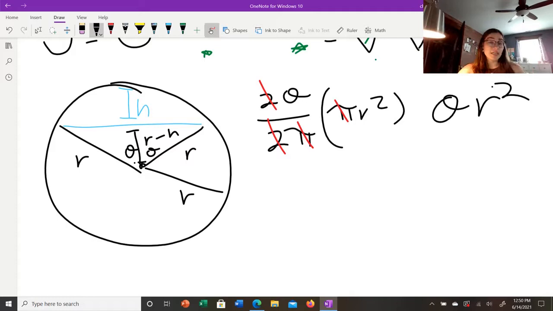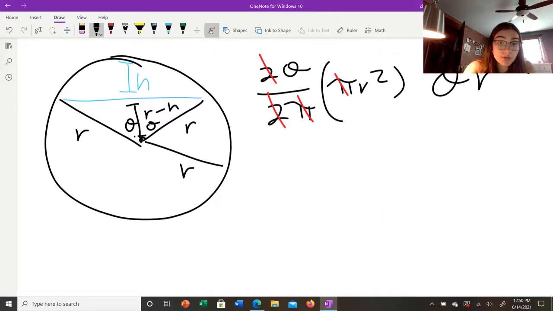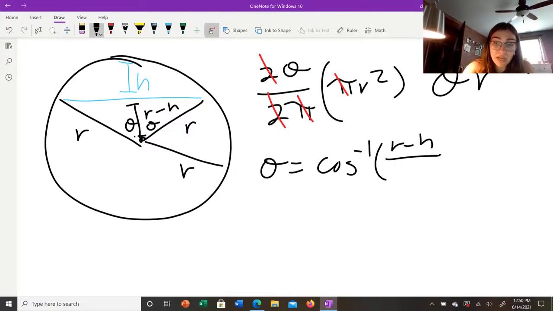But we don't know what theta is, and it's not going to be something that they give us. So we need to solve for theta in terms of what we have. So we're going to be using the arc cosine. So theta equals the arc cosine, so the cosine to the -1, and we're going to do the adjacent, and that is r minus h, over the hypotenuse, which is r. So now this is theta.